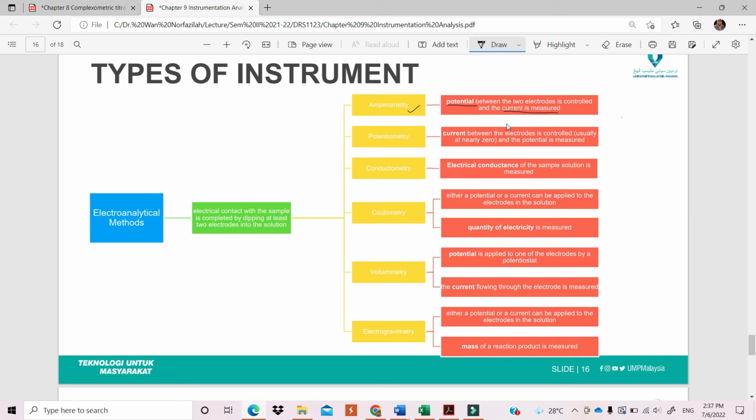If the current between the electrodes is controlled, sekarang kita control current, potential pula kita measure, terbalik dengan amperometry tadi, we call it potentiometry.